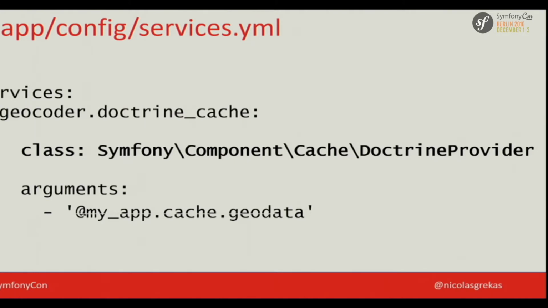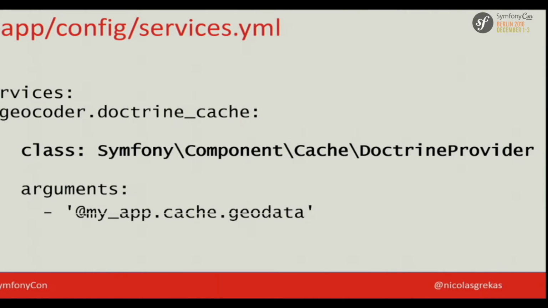So geocoder is something really nice, but it can use only a Doctrine cache interface to store the cache data from the geocoder. So the way to do that and the way to mix both systems together is to say, okay, I'm creating now some proxy service, and let's call it geocoder Doctrine cache.